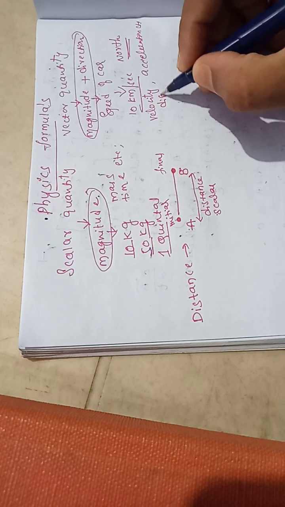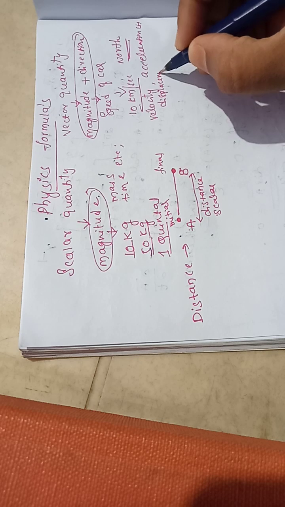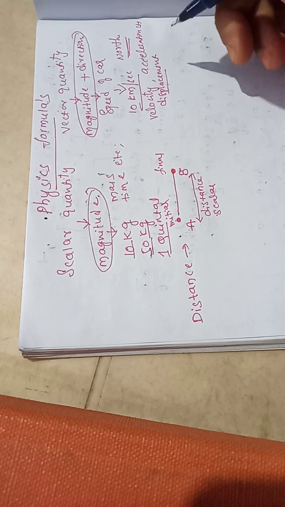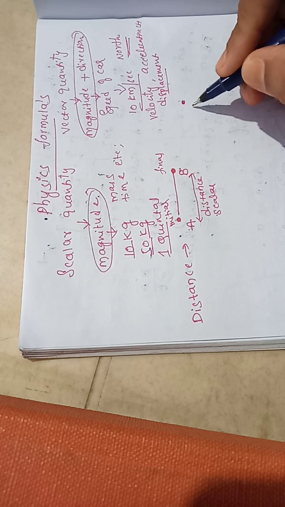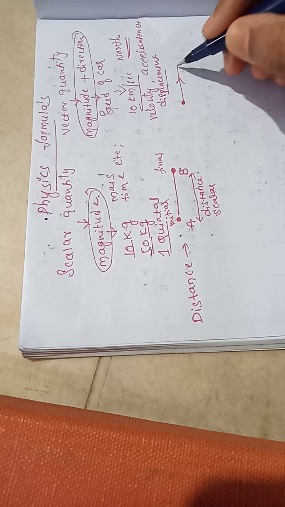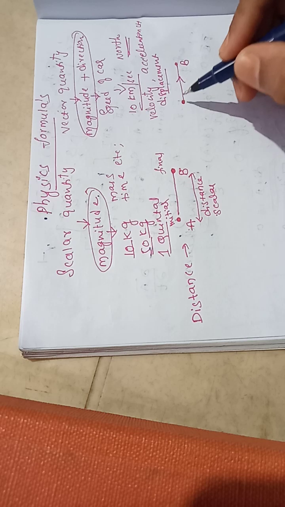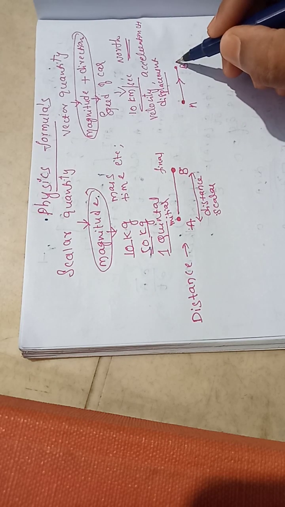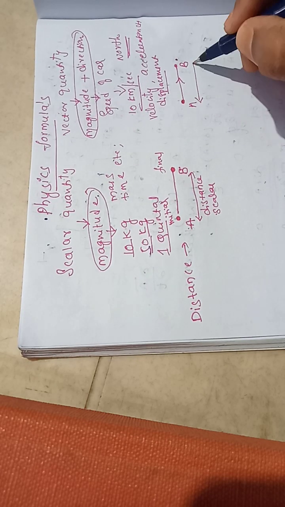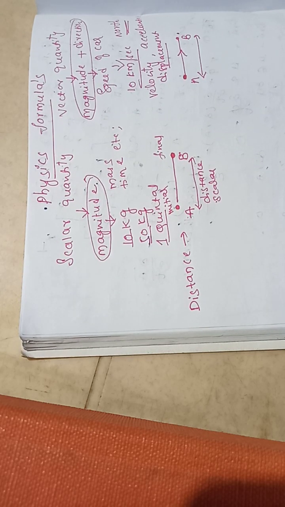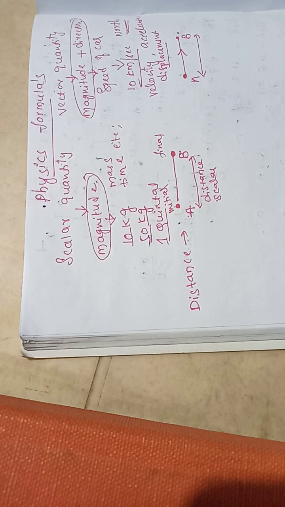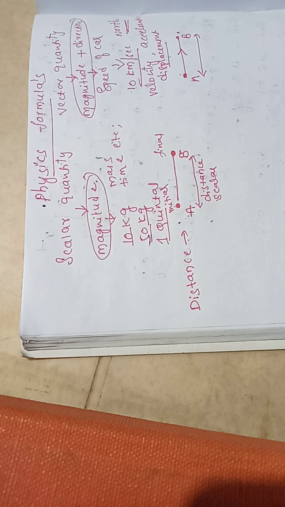Now let us talk about displacement, right? Displacement indicates the direction the person is moving from A to B. So one is the path travelled, and at the same time the direction is also indicated.